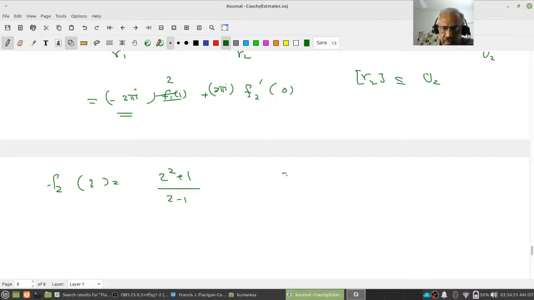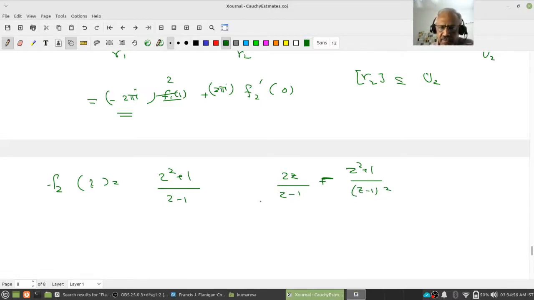Therefore the derivative is going to be 2z by z minus 1, minus z squared plus 1 into 1, over z minus 1 whole squared. I hope I did it correctly.